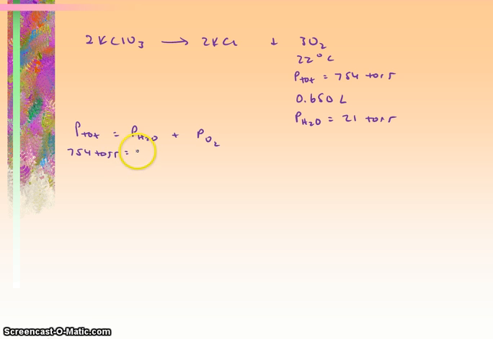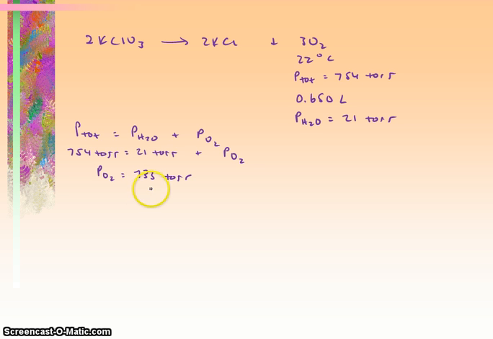It gives us the water vapor pressure, 21 torr. So we can pretty easily calculate the partial pressure of the oxygen gas all by itself. And we would just subtract 21 from both sides of the equation. So our partial pressure of the oxygen gas is 733 torr.